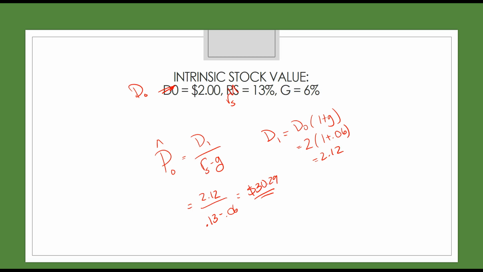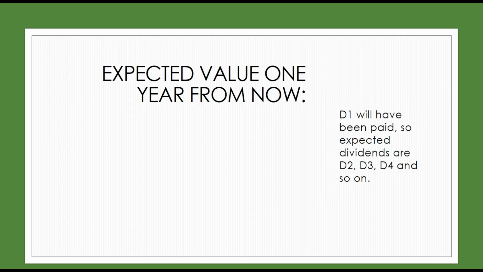So let's continue. What would be the expected value 1 year from now? 1 year from now, D1 has already been paid. So let's see what happens to our stock price 1 year from now.